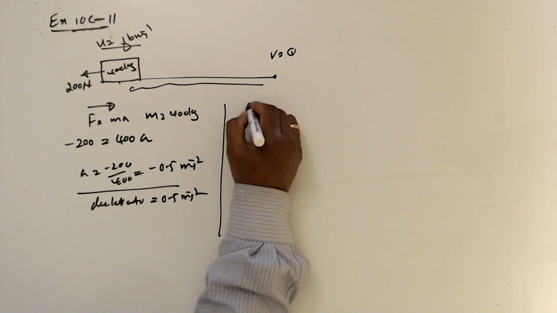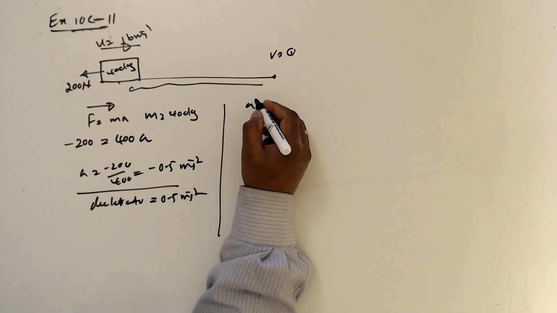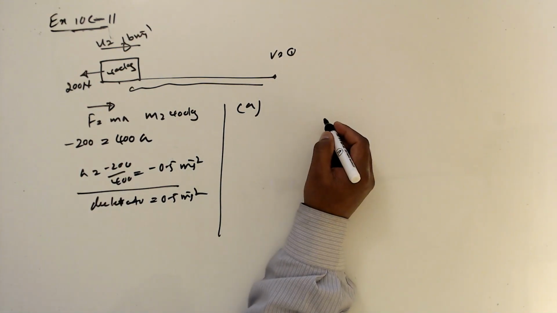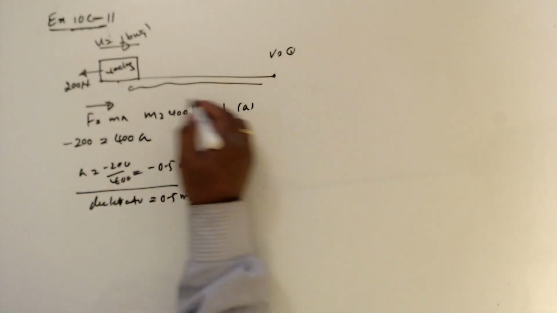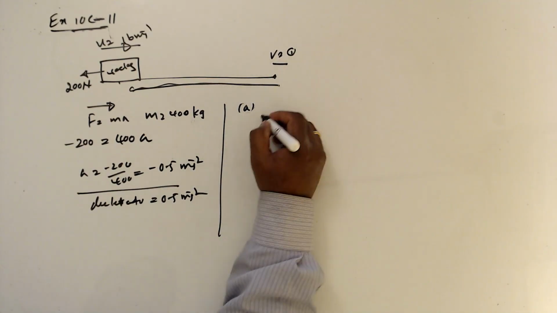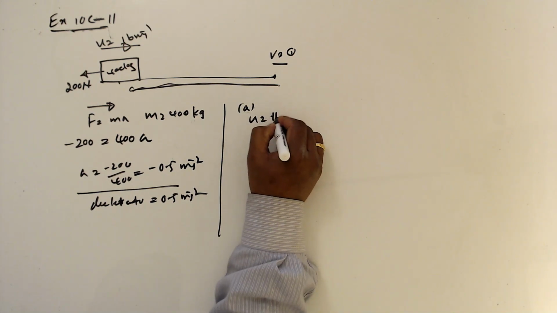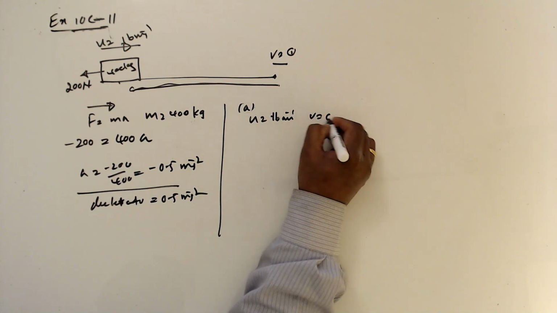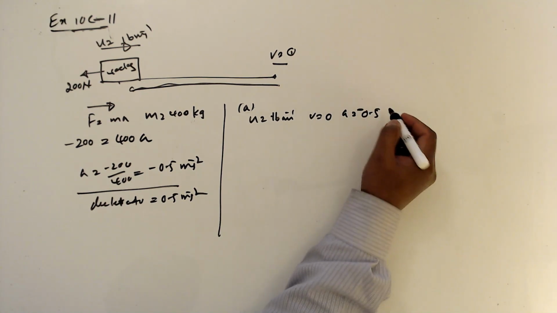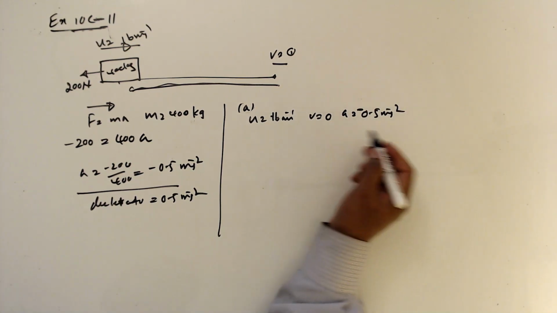And the next question is, find how long it takes the van to stop. So question A, we want to find how long it will take to stop. So we have v equals 0, u equals 16, a we found out is negative 0.5 ms^-2.